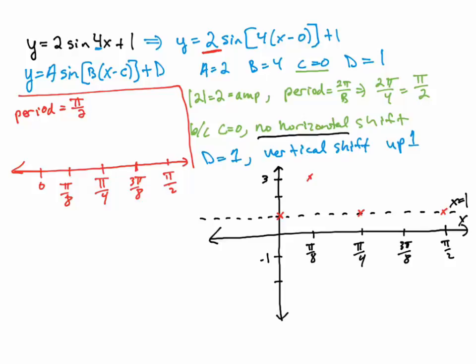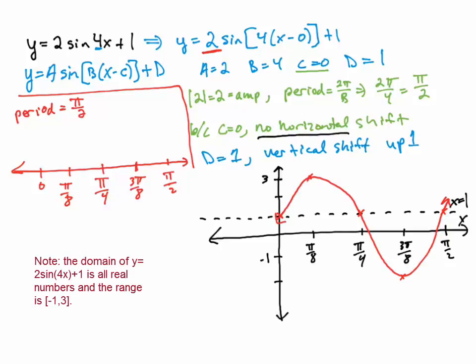So the maximum value is going to be here, and the minimum value is going to be down here. Once we have these 5 points plotted, we can draw a smooth curve in between these points. It's sometimes not the easiest to graph on the screen I'm writing on, but this is the idea here. So this would be what our sine graph looks like.